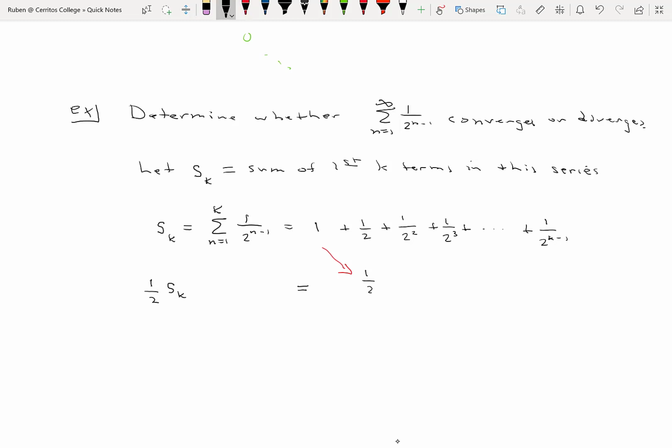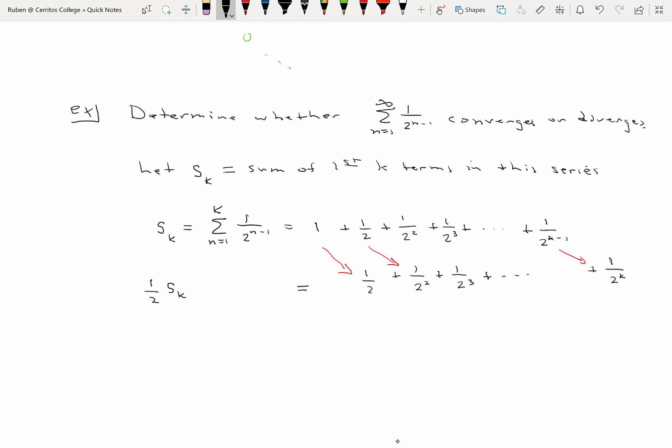I'm going to take the second term and multiply by 1/2. 1/2 times 1/2 is 1 over 2 squared, and again I'll scoot it over so that it's right beneath the 1 over 2 squared in the original partial sum. I'm going to keep doing this. So this is 1 over 2 cubed plus ... If I multiply 1 over 2 to the k minus 1 by 1/2, I get plus 1 over 2 to the k.